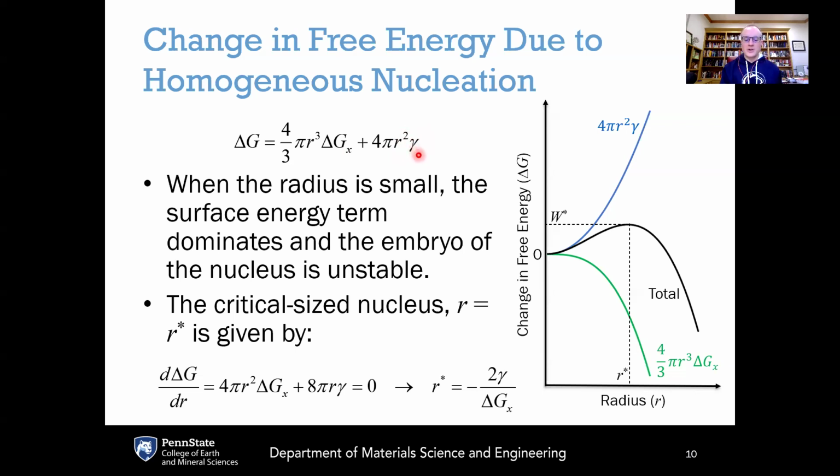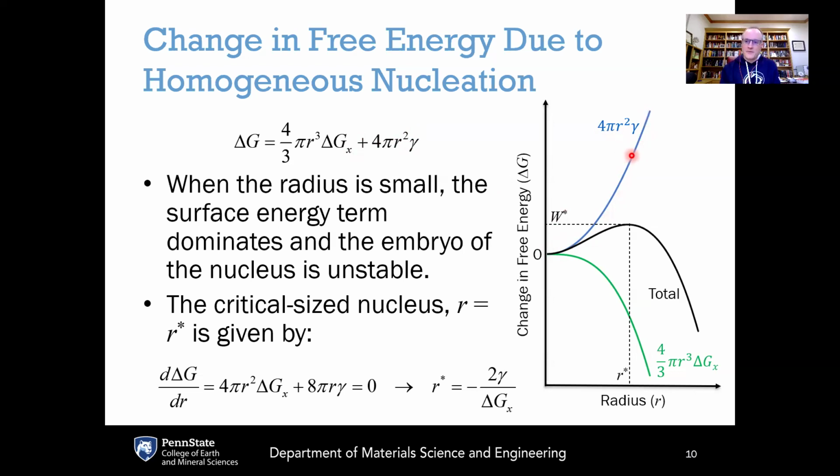That is simply the free energy penalty of that interface per unit area. And we multiply by the area of the interface. So this is just the surface area of the sphere, which is 4 pi r squared. And this gives us a positive contribution to the Gibbs free energy. And so as a result, the blue curve here shows the surface energy term, 4 pi r squared gamma. This is thermodynamically unfavorable because it's leading to an increase of the free energy of the system.